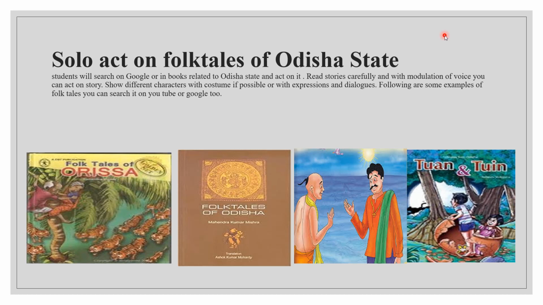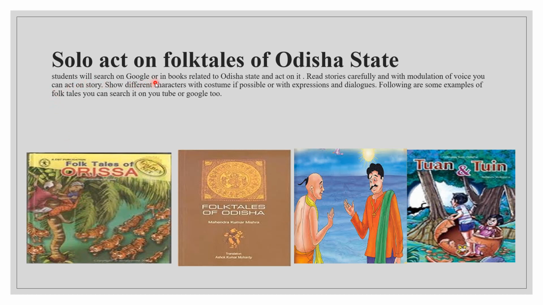So in exchange, we are going to use these folk tales of Odisha state. We can use different folk tales. We can search on Google or YouTube. Different types of folk tales are available there. Folk tales means stories which are told by people.